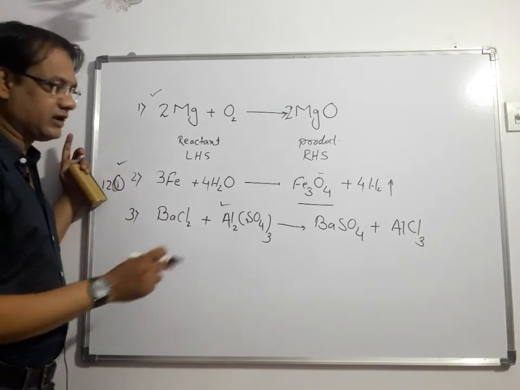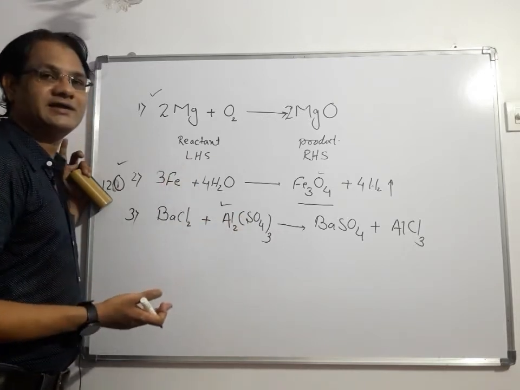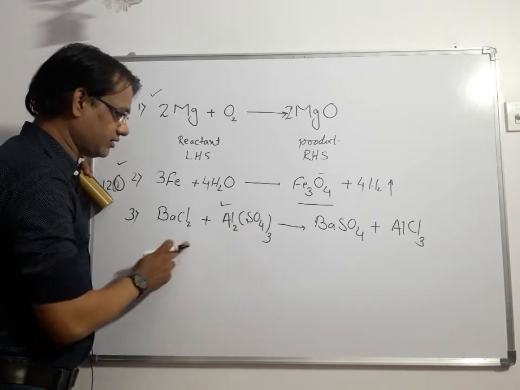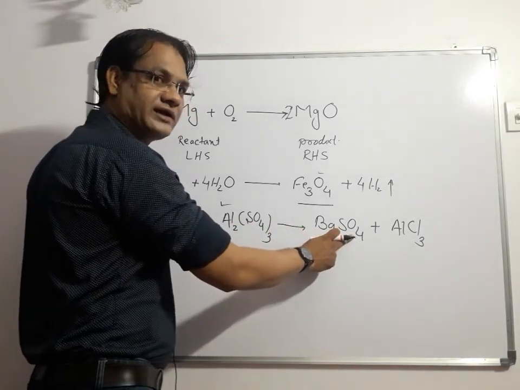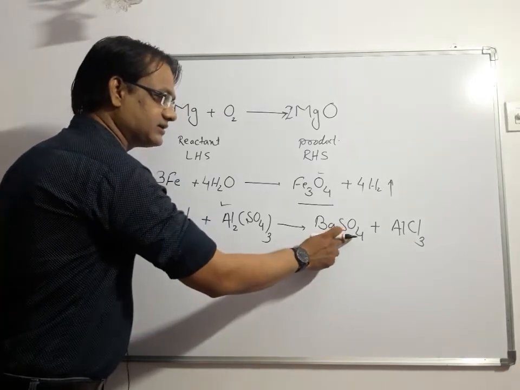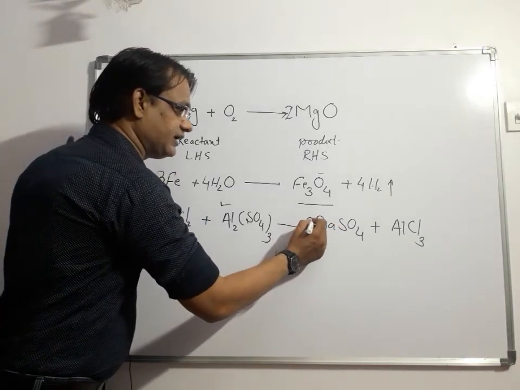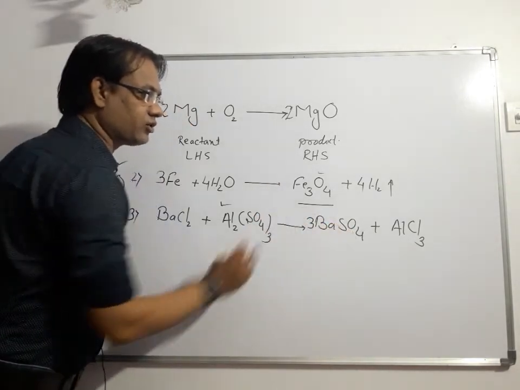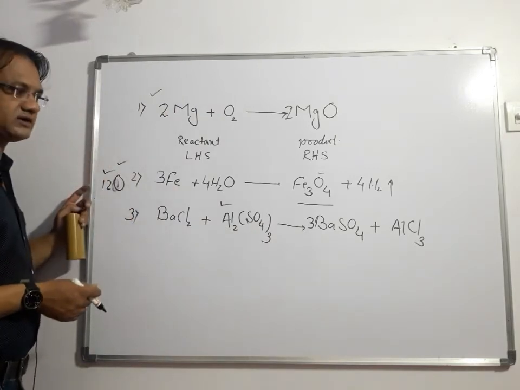So first of all, I will balance this oxygen because it has the highest number of atoms. 12 oxygen atoms are here on the left hand side, and on the right hand side only 4 oxygen atoms. To balance this oxygen, I will put 3 in front of BaSO4. So 3 into 4, 12. So this oxygen will be balanced, 12 oxygen atoms.